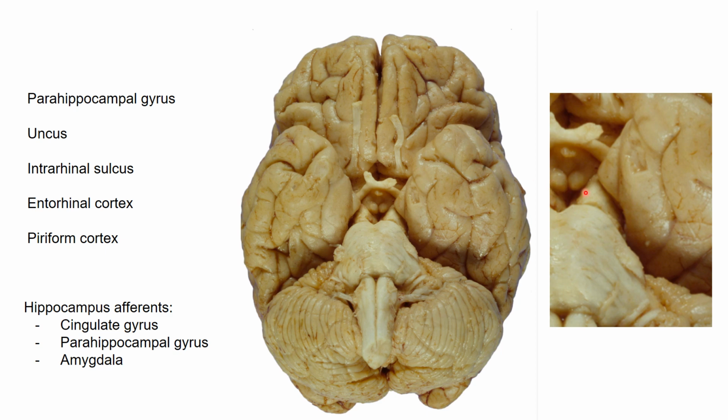So I'm going to hop over to this image because we have it zoomed in. So uncus, parahippocampal gyrus. Your entorhinal cortex is going to be basically lateral to the uncus. So here's your uncus, and this area is going to be your entorhinal cortex.